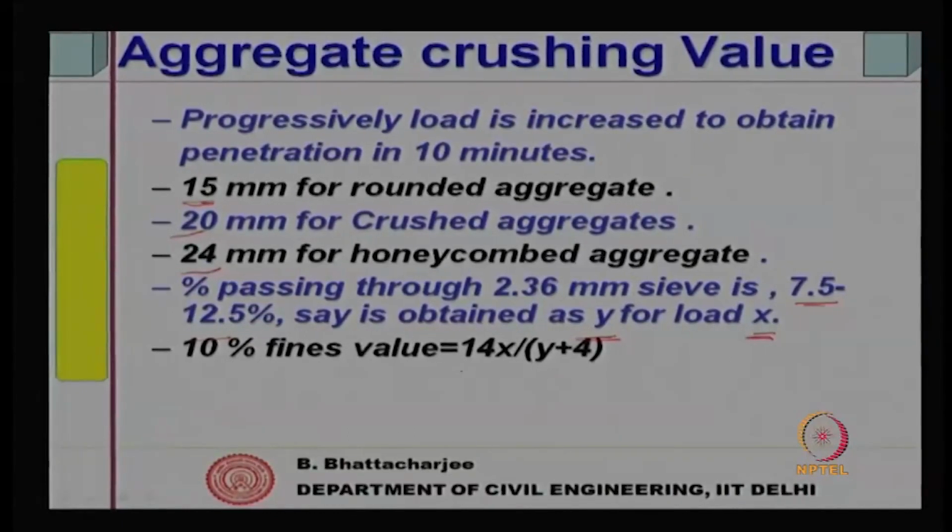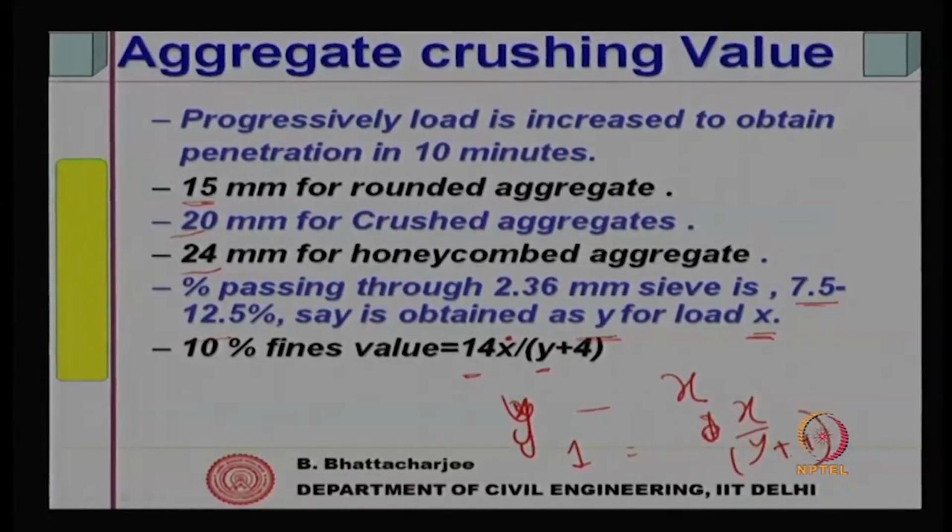So, supposing you have found out 7.5% is for x load. The 10% fines value is given by 14 x divided by y plus 4. So, y you found out at a given load x. For x load you found y percentage; for 1% it is x by y load, but y plus 4 is used, and this is multiplied by 14. That gives us the 10%.